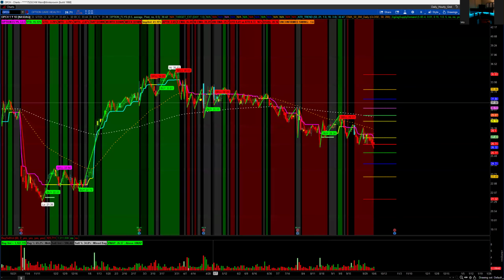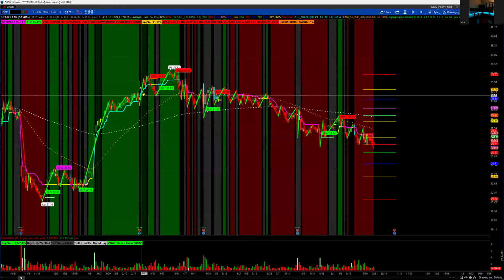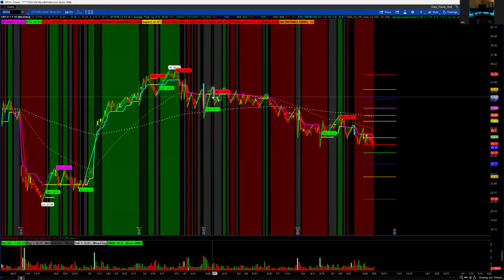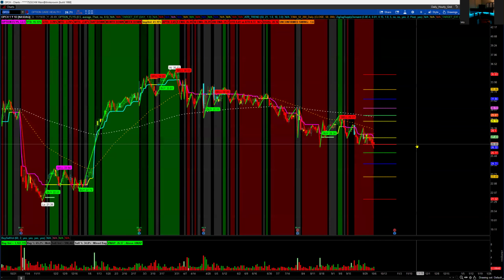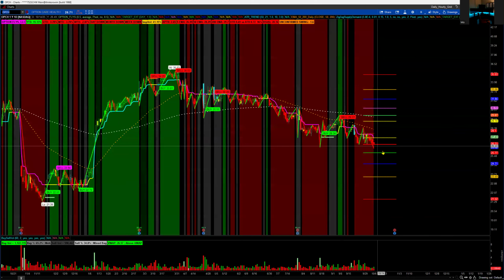Oh, that's a clear five waves up. One, two, three, four, five. This is some sort of a call like a triple kind of zigzag. W connector X, Y, X, Z.